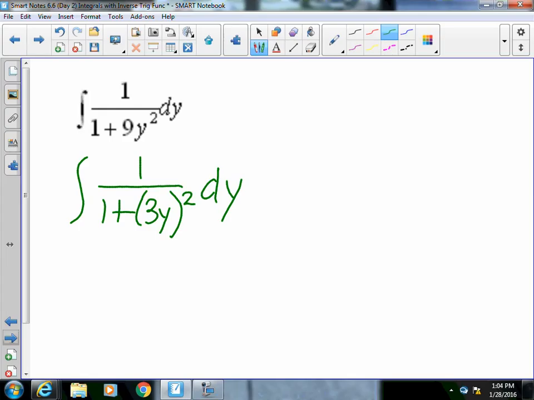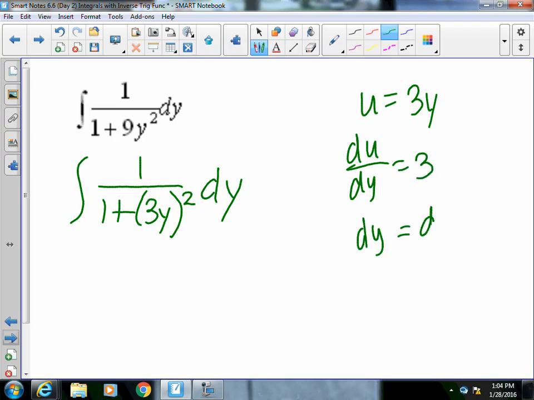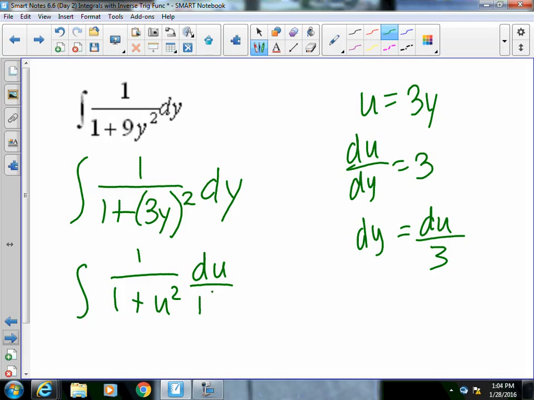So what we want to do is use the u substitution. We're going to make u that 3y. So du dy is 3, which means dy is equal to du over 3. We can plug this in, 1 over 1 plus u squared, du over 3.